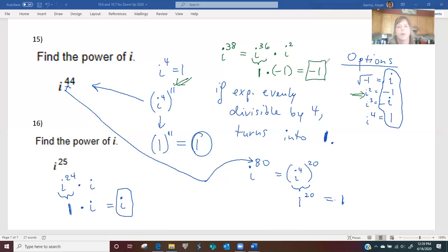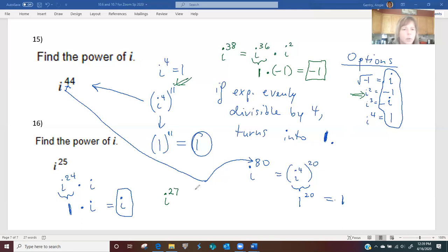You see how I'm trying to get you every single scenario that could happen. So you might have a final answer 1, you might have a final answer i, you might have a final answer -1. What else would we maybe have? A negative i, you see? So what if I had, last one, i to the 27th?